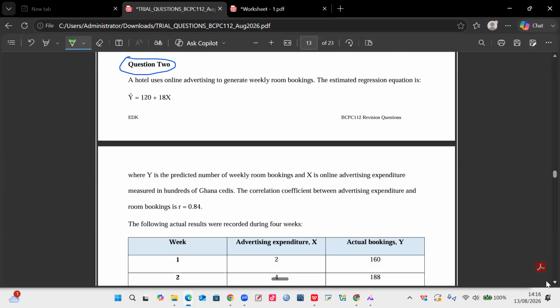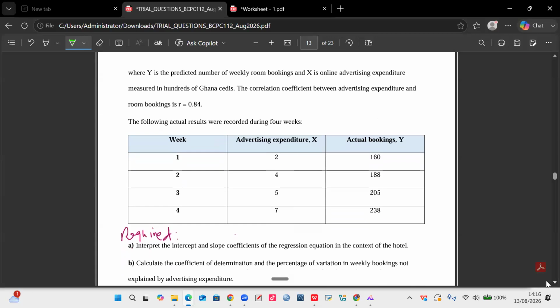The correlation coefficient between advertising expenditure and room bookings is r equals 0.84. The following actual results were recorded during 4 weeks.